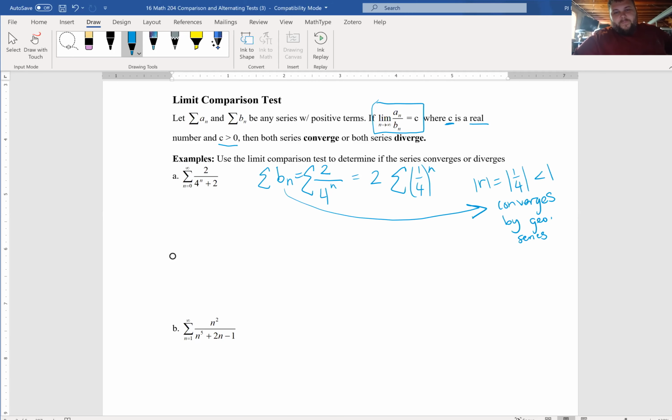The next step is to take the limit as n approaches infinity of A sub n, which is 2 over 4 to the n plus 2. And I would typically divide by B sub n, but because these are fractions, instead of dividing, I am going to multiply by its reciprocal. So 4 to the n over 2.